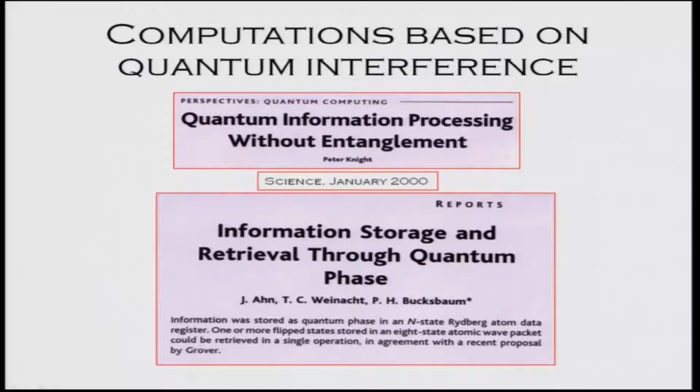So, computations based on quantum interference is the part which we discussed at the beginning, where the information processing was done without entanglement and the information storage and retrieval was possible through quantum phase, but it did not involve any entanglement.